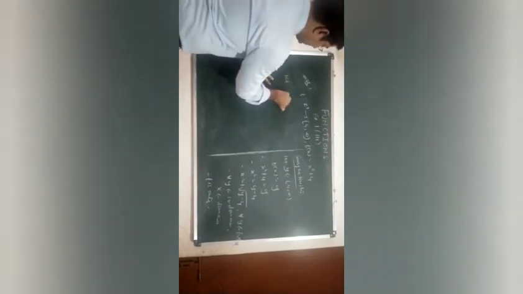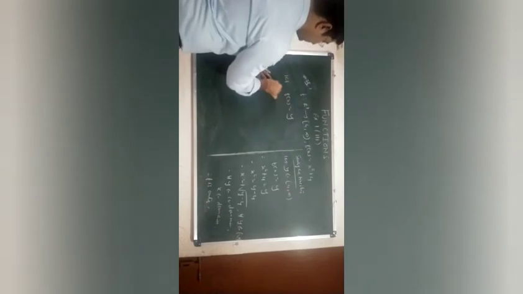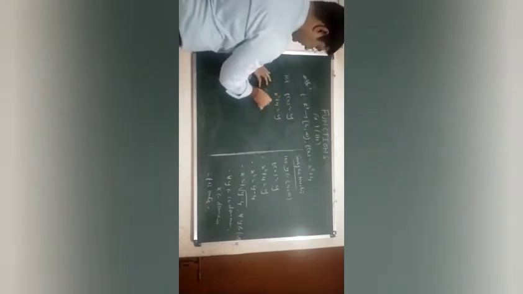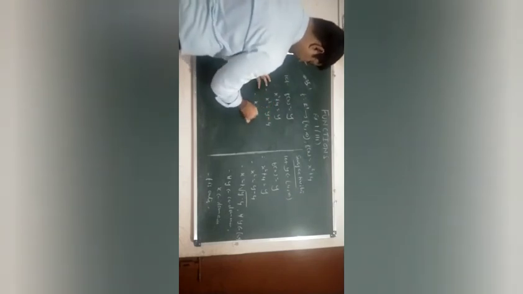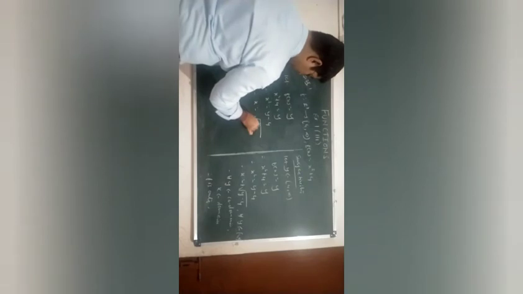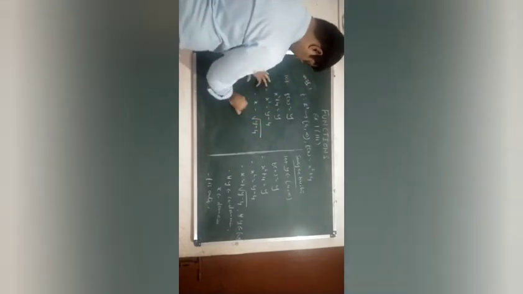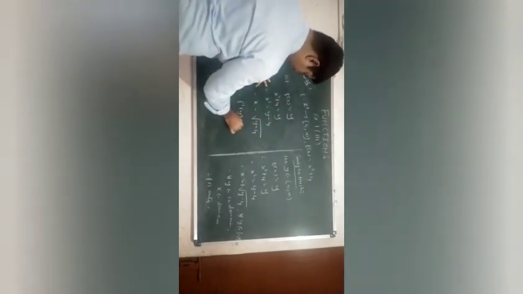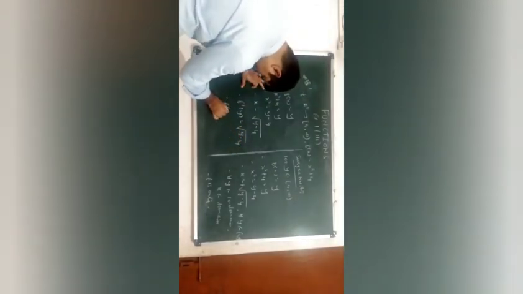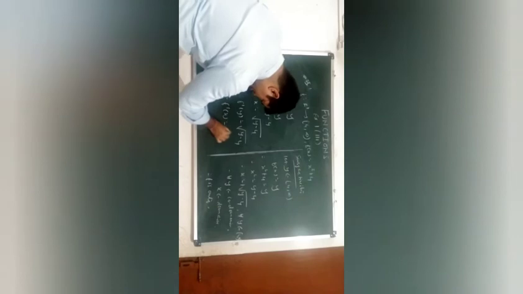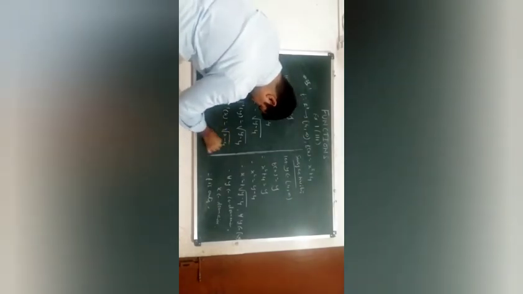Let f of x is equal to y, therefore x square plus 4 is equal to y, x square is equal to y minus 4, therefore x is equal to the square root of y minus 4, therefore f inverse y is equal to the square root of y minus 4, and finally f inverse x is equal to the square root of x minus 4.